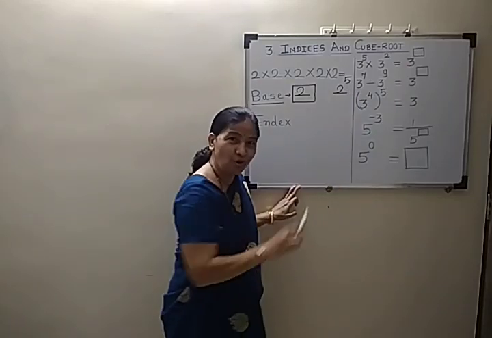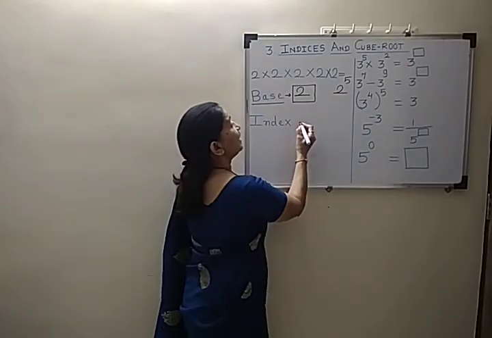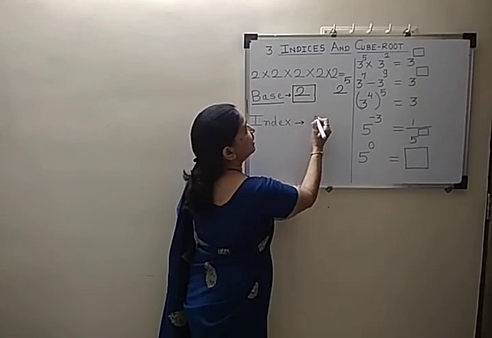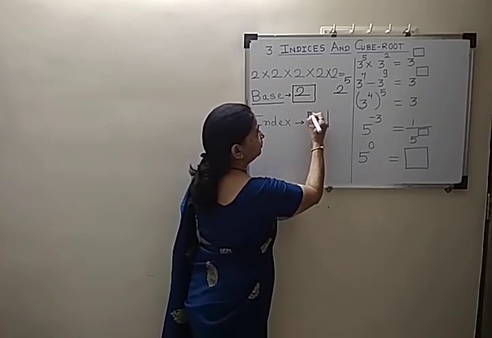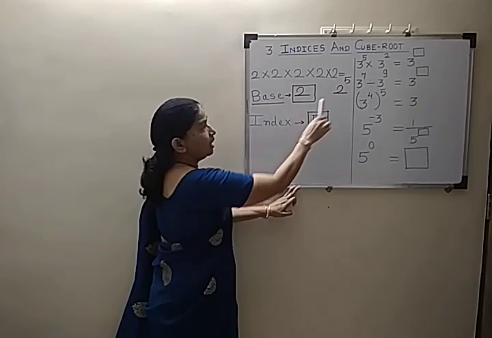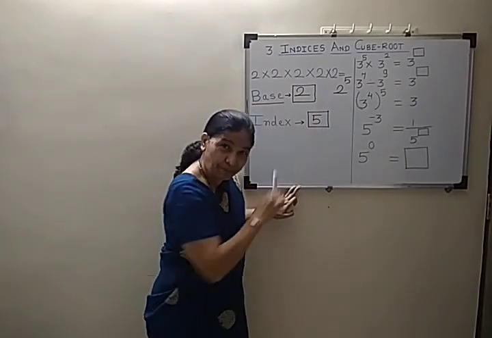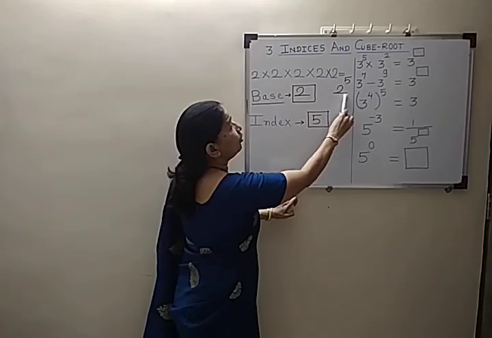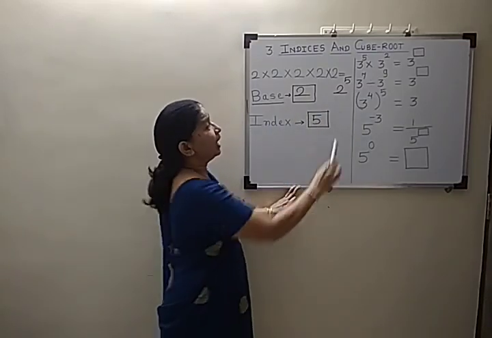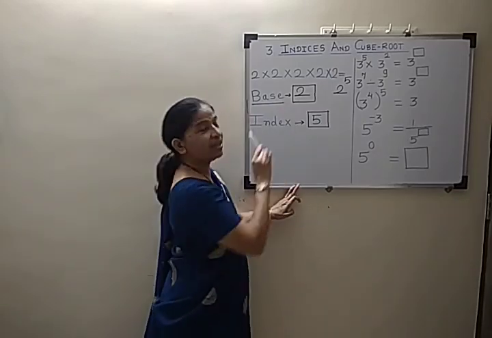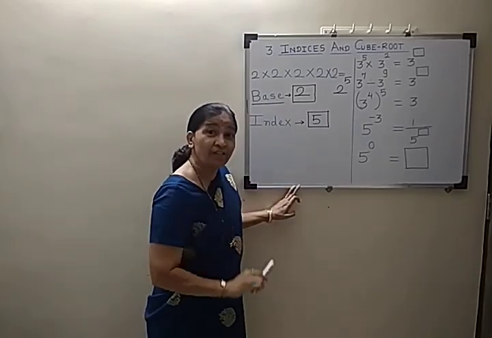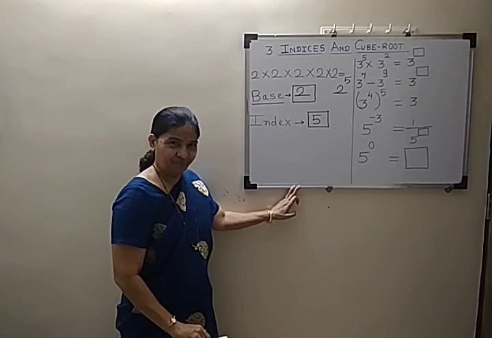And this one is called as index. So for this one, if you are observing, 2 is the base and 5 is the index. This we had studied in 7th standard.